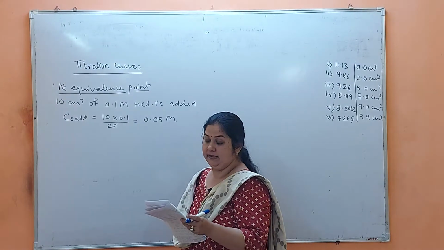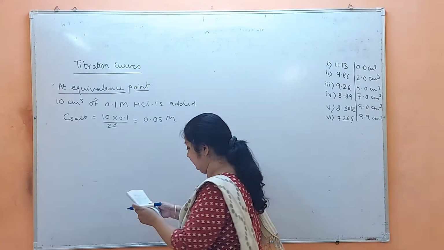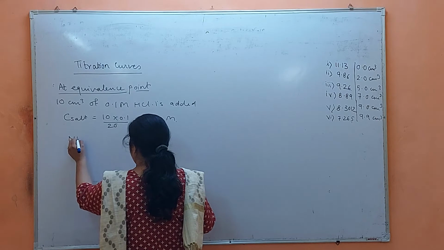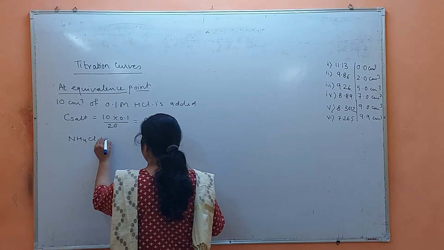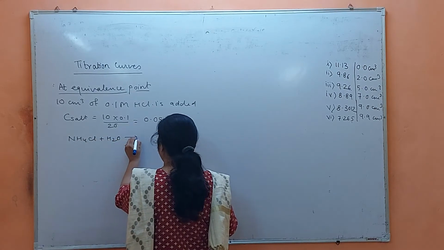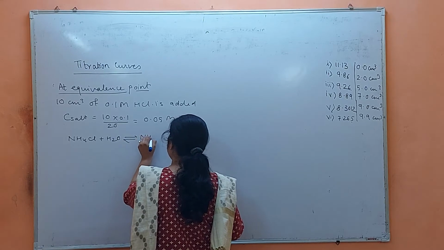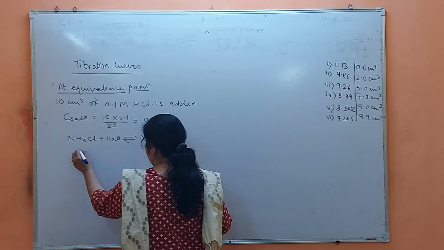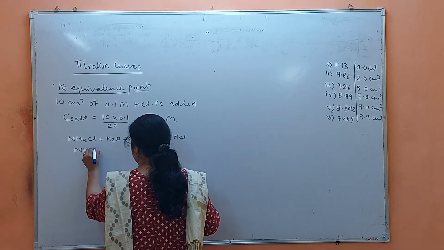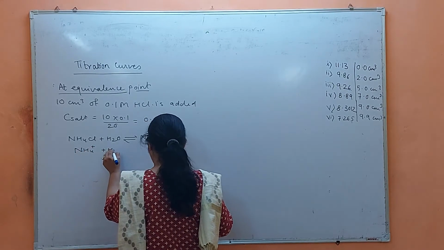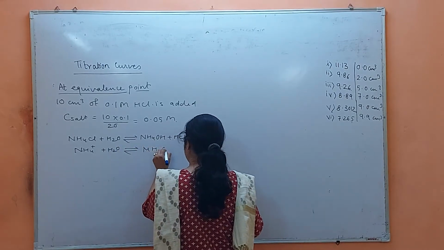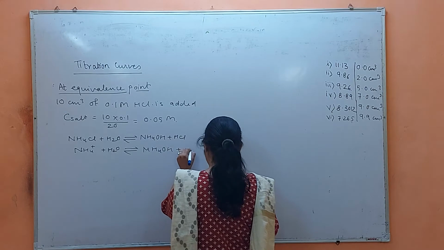Now the pH of 0.05 molar NH4Cl can be calculated by considering the hydrolysis. NH4Cl plus H2O will give you NH4OH plus HCl. Now NH4 plus plus H2O will give you NH4OH plus H plus.